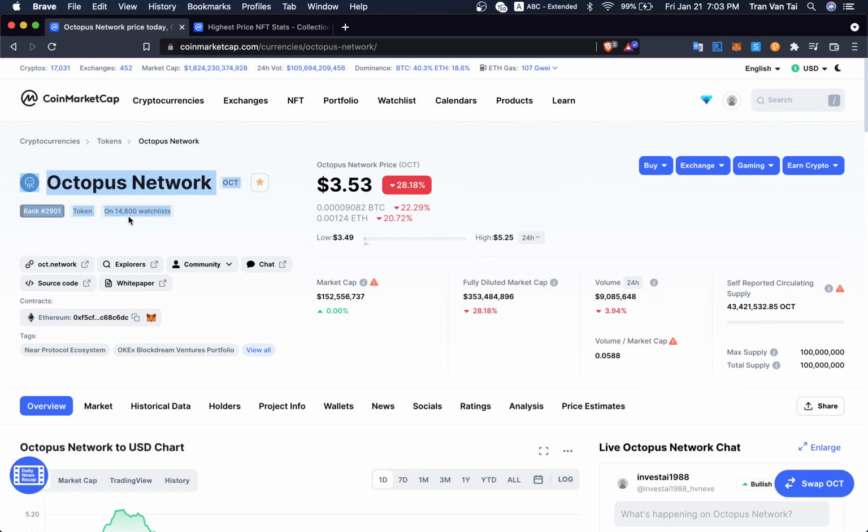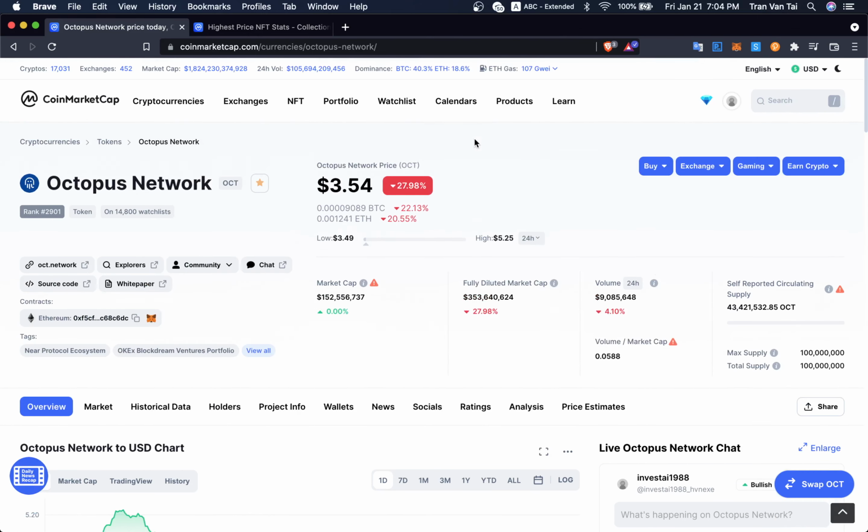You can see the rank of this token and some information: the website, explorer, or contract on some blockchain, source code, white paper, market cap, volume, and reported circulating supply, max supply, total supply. Many useful pieces of information we can refer to here.